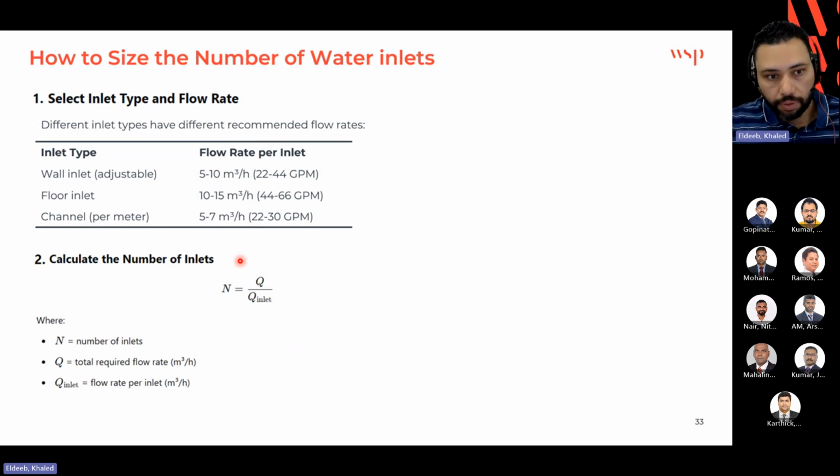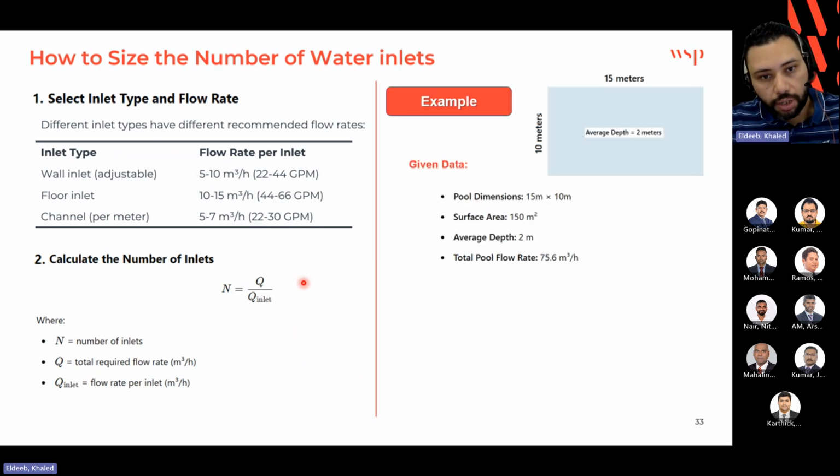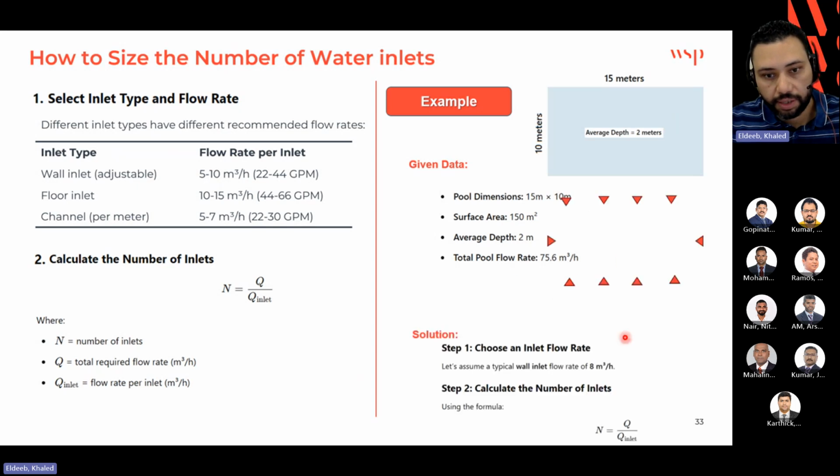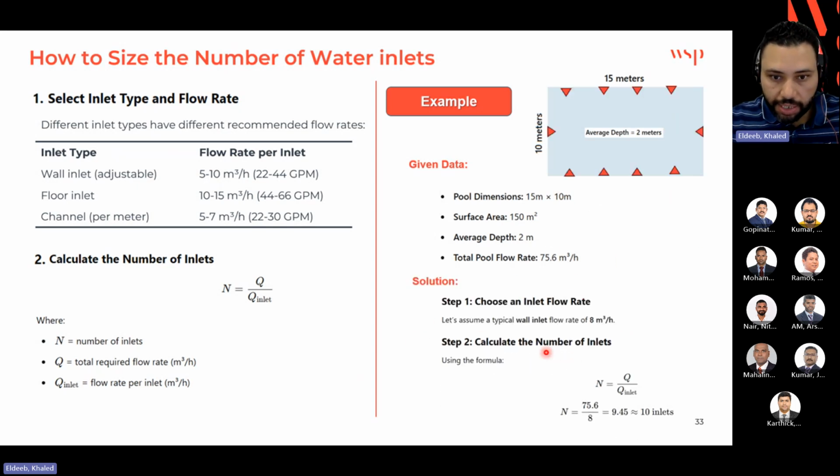So how to calculate the number of inlets? The same as the skimmer. We have the total flow, and we have the individual flow for every single inlet. So we can obtain the total number of the inlets. In our example here, we have the flow, we have everything. So the solution is like that.